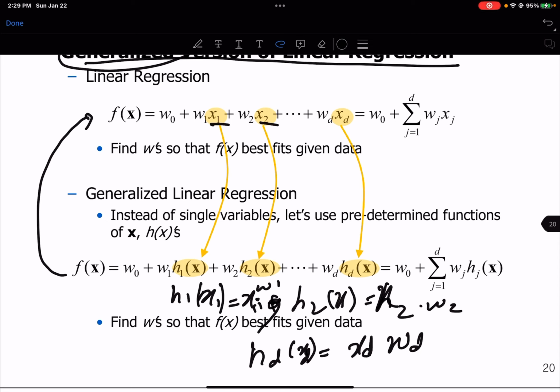So this is the generalized form, and one representation of this generalized form is the linear regression equation.